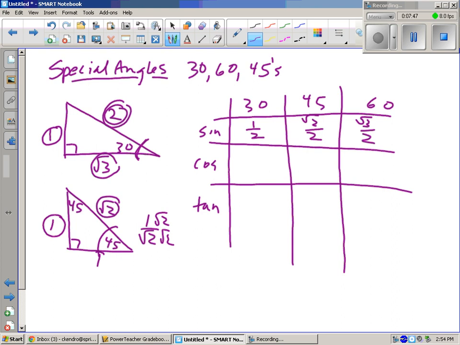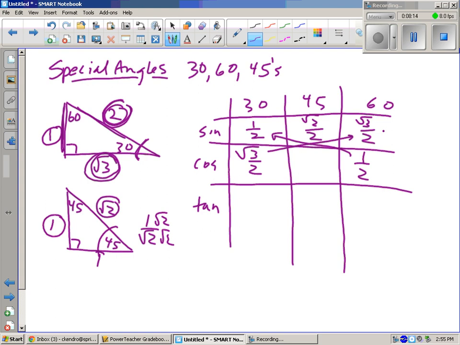So if I do the cosine of 30, I have adjacent over hypotenuse, root 3 over 2. See how that used to be on the 60 there? So they're kind of opposites of each other. Then the cosine of 60, here's our 60, is adjacent over hypotenuse, so that's 1/2. See how they switch places? We got this one here, we got this one over here.